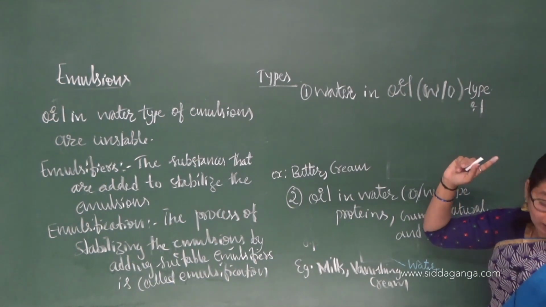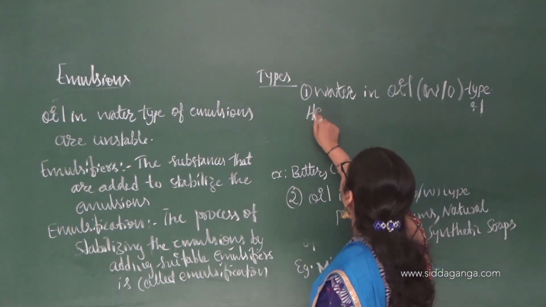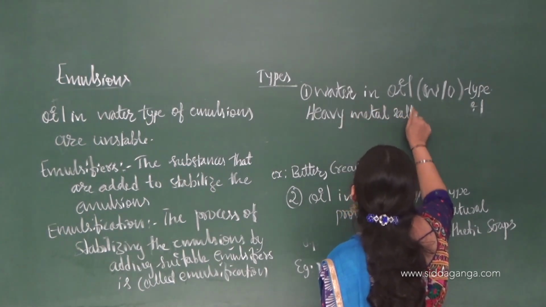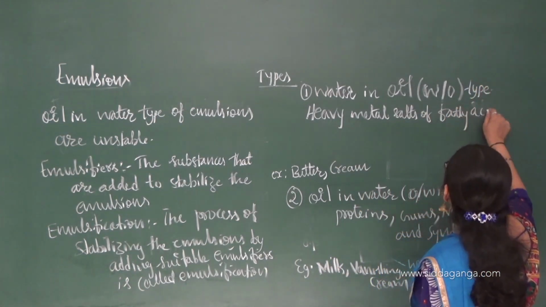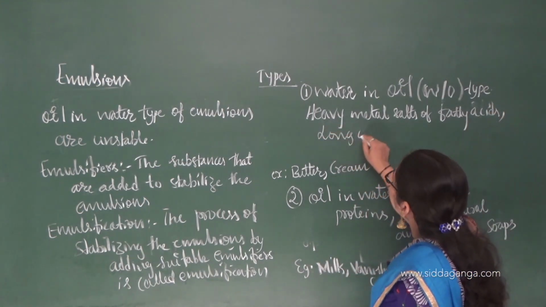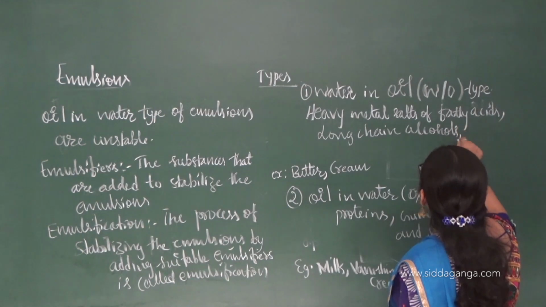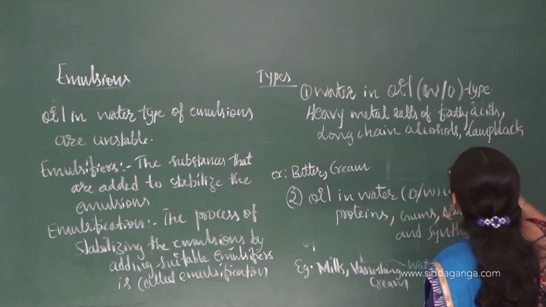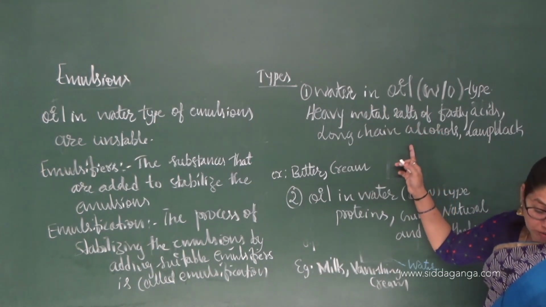Likewise, for water in oil type, what are the emulsifying reagents? You can add heavy metal salts of fatty acids, or long chain alcohols, and lamp black can also be used as an emulsifying reagent for water in oil type of emulsion.